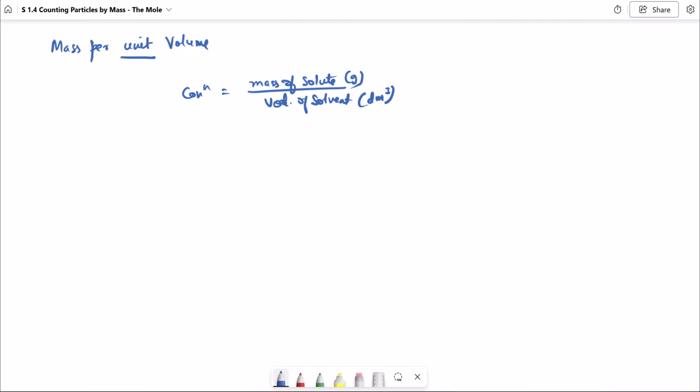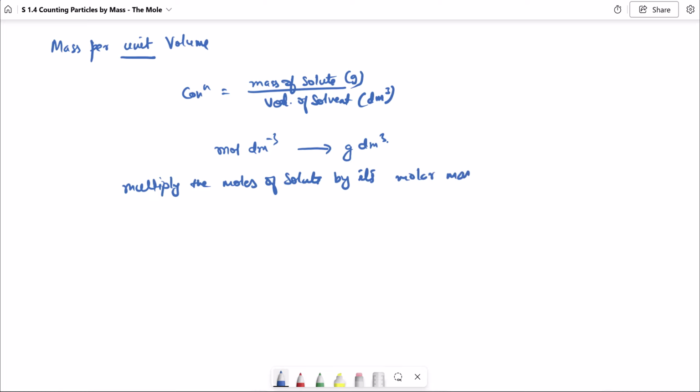So now here also, to change the concentration from mole per dm cube to gram per dm cube, what you have to do? So you have to multiply the moles of solute by its molar mass, right?